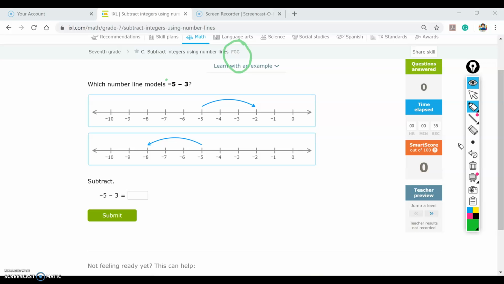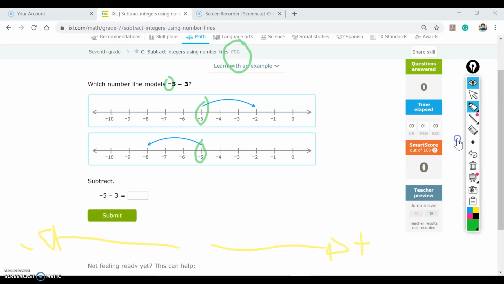In this case, I will start at -5. So if you check, this one here starts at -5. Now you've got to remember that whenever you have a number line, if you go to the left it's because you are subtracting a number, and if you go to the right it's because the number is positive.